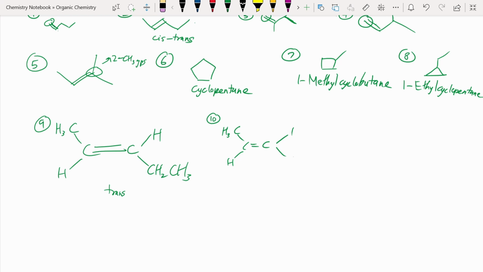Okay, just flip it the other way around, and then you get cis because the two hydrogens are on the same side of the double bond.